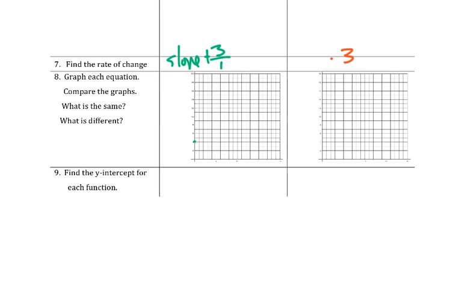so 0, 4 would be about there, 1, 7, then, oh, that's 6. So 1, 7, 2, 10, then 13, 16, and so it would go up like that.